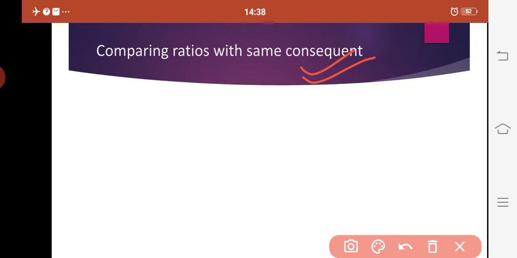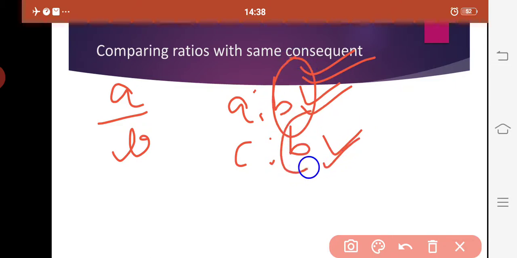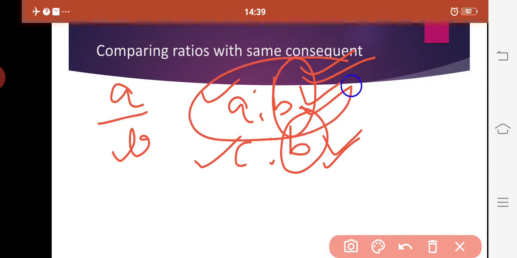For example, if I say a ratio b is one ratio and c ratio b is another ratio. So now see, the consequent is same, that is b. So when we have such type of ratio in which the consequent is same, then simply we need to look at the antecedents. The antecedent which will be greater, that whole ratio will be greater.